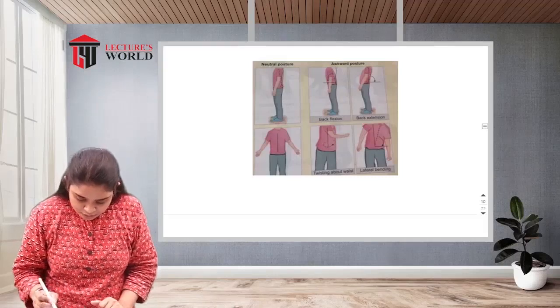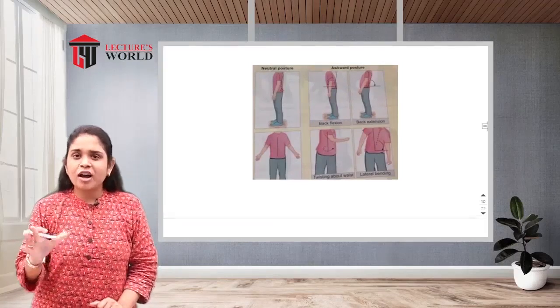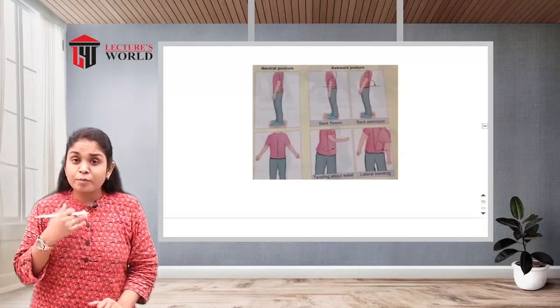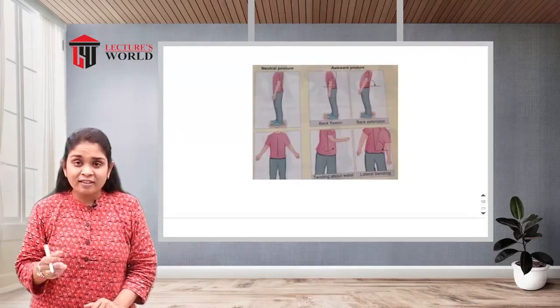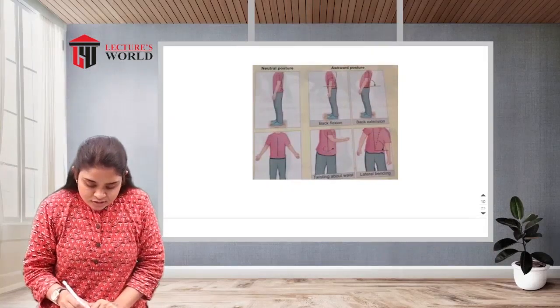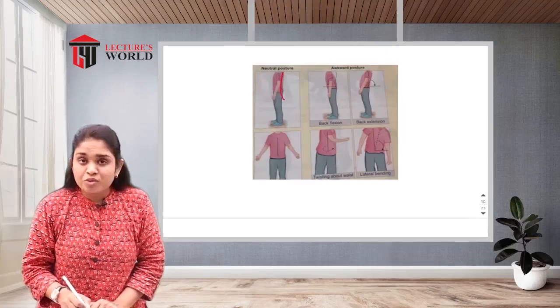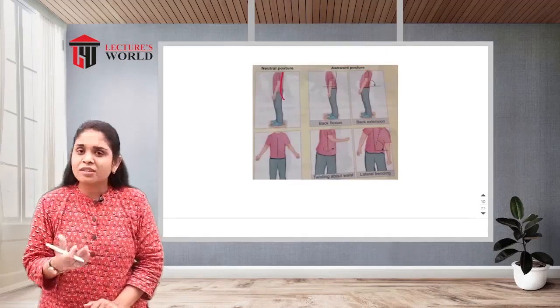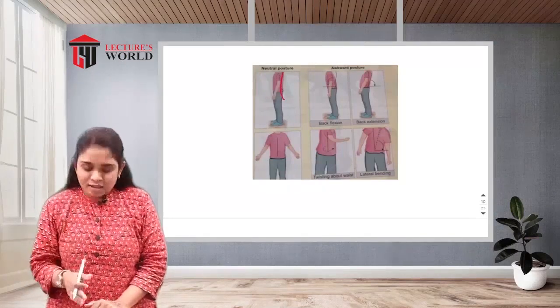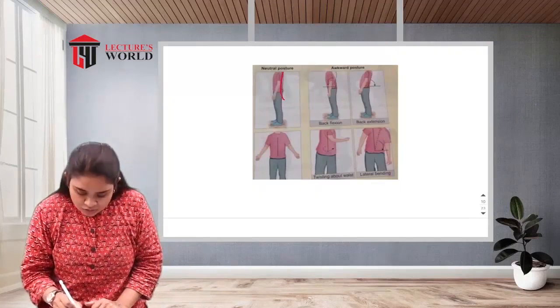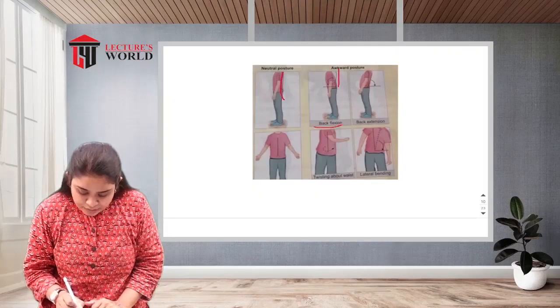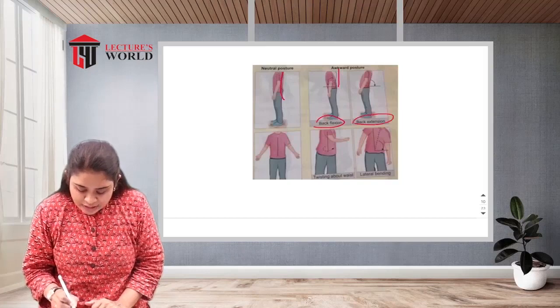Okay, so here is how we have to do the body mechanics that has been shown. This is the natural or neutral posture, like this. Normally any person will stand like this. Okay, this is the upright position, this is the back flexion and the back extension.